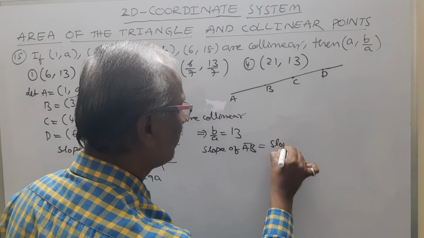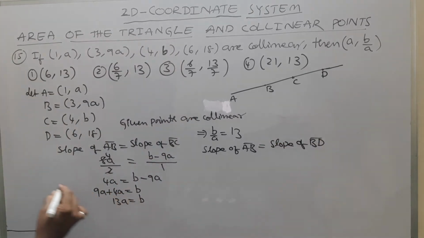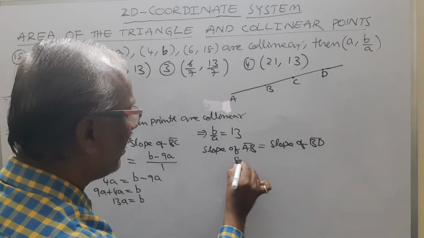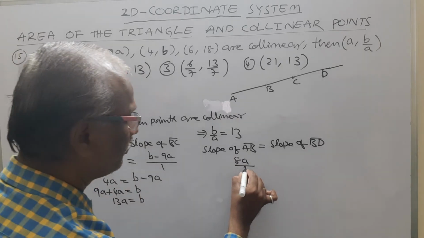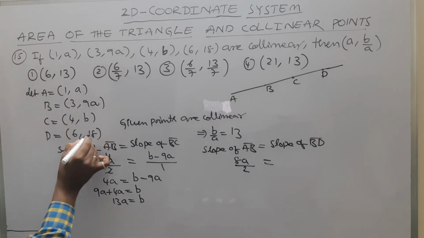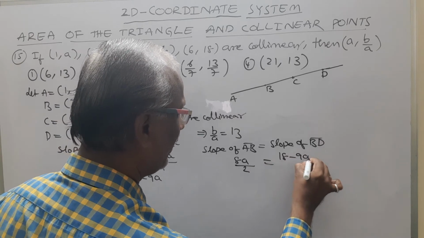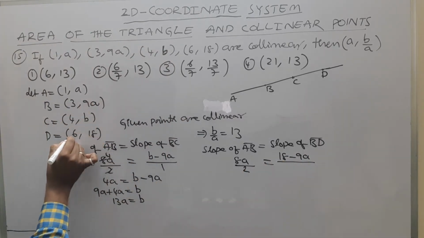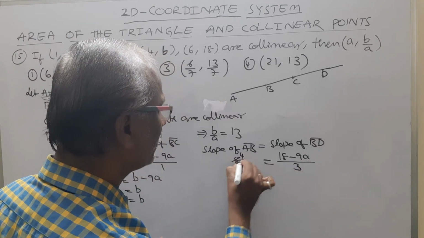Slope of AB, (9a minus a) is 8a by (3 minus 1) is 2, equal to slope of BD, (18 minus 9a) by (6 minus 3) is 3. Here 2 ones are 2 and 8a by 2 gives 4a.